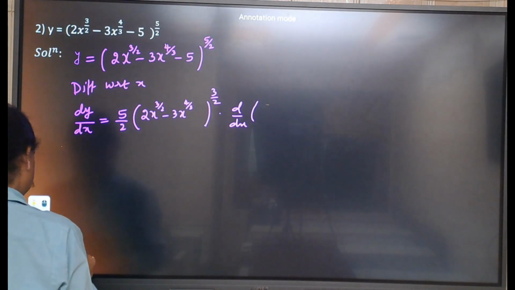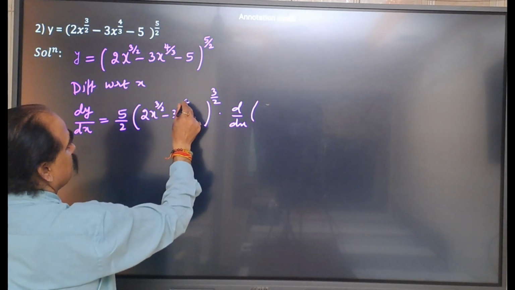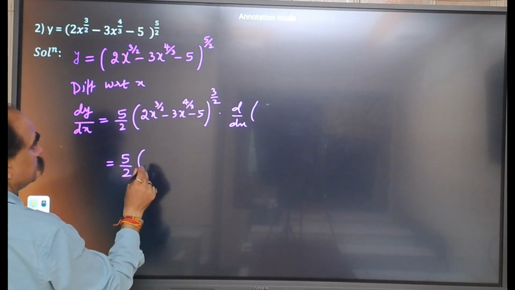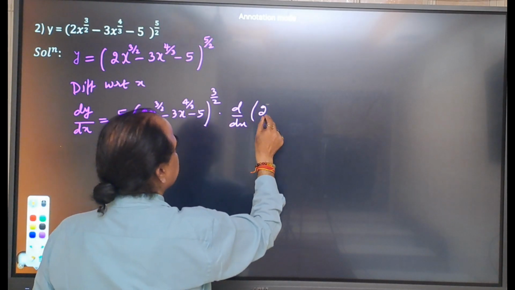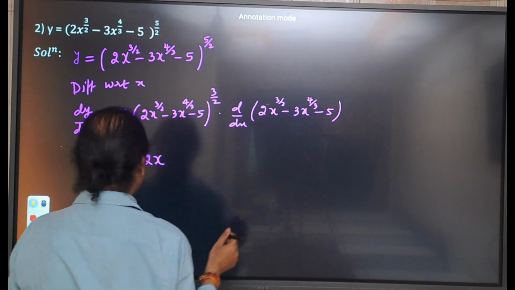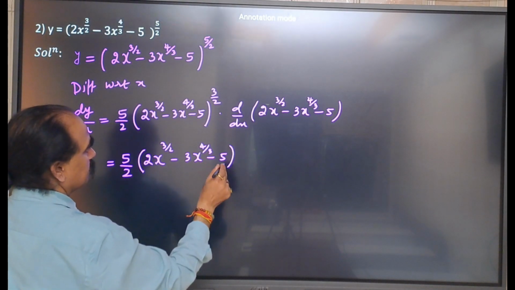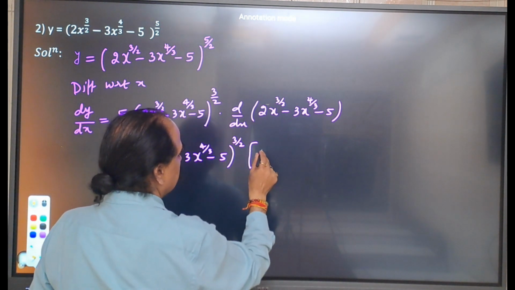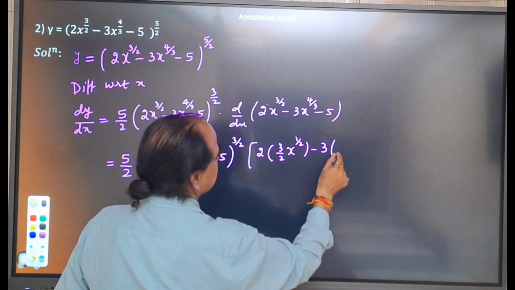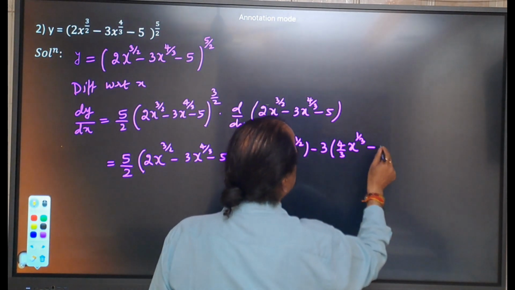5 by 2 into (2x raised to 3 by 2 minus 3x raised to 4 by 3 minus 5) raised to 3 by 2, into derivative of inside function: 2 times derivative of x raised to 3 by 2, minus 3 times 4 by 3 x raised to 4 by 3 minus 1, minus derivative of 5, 0.